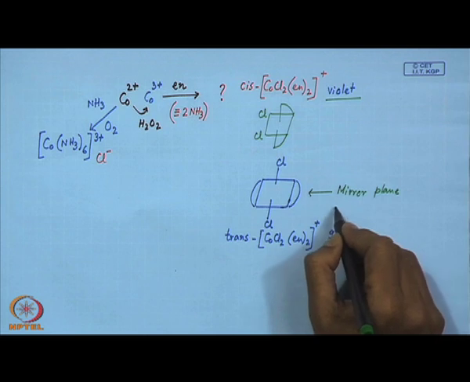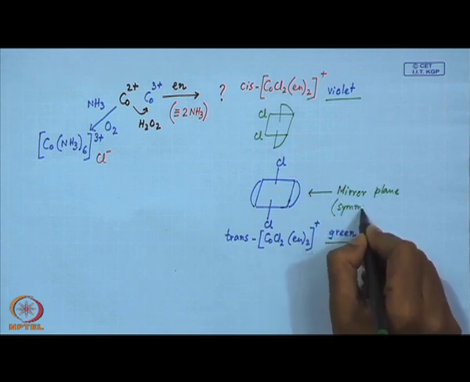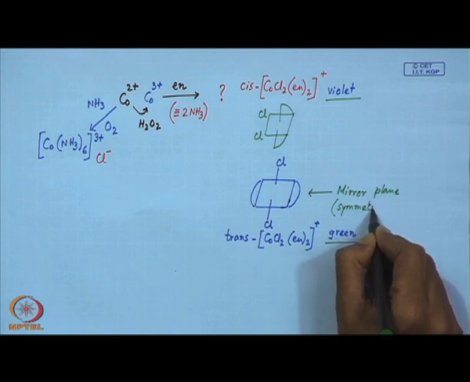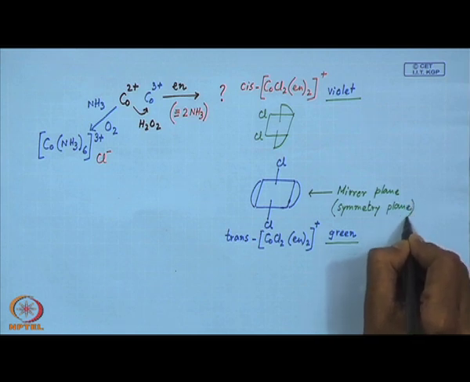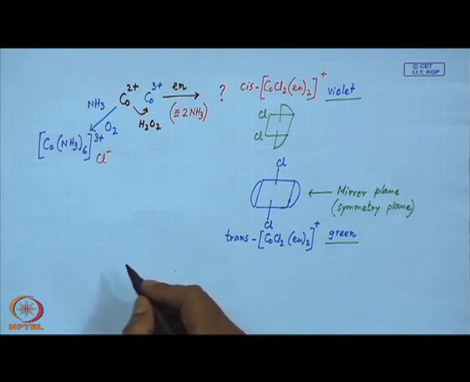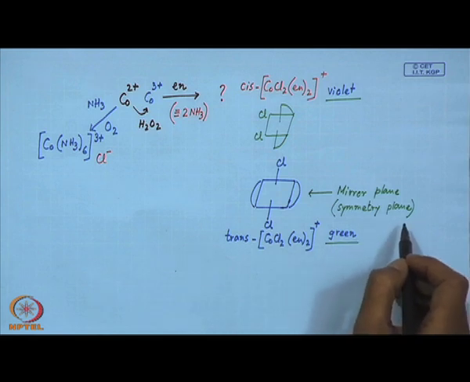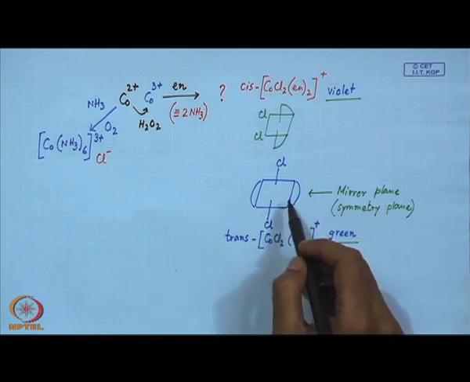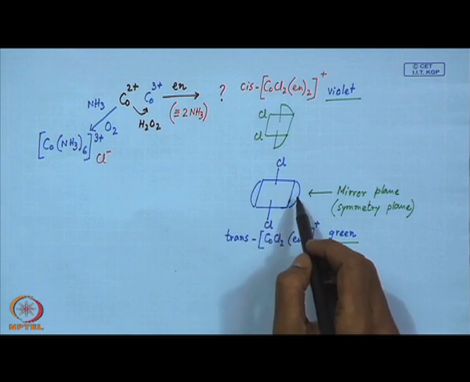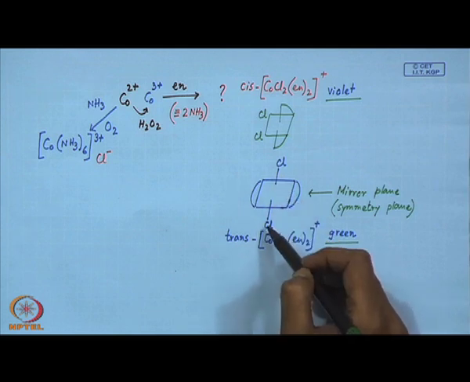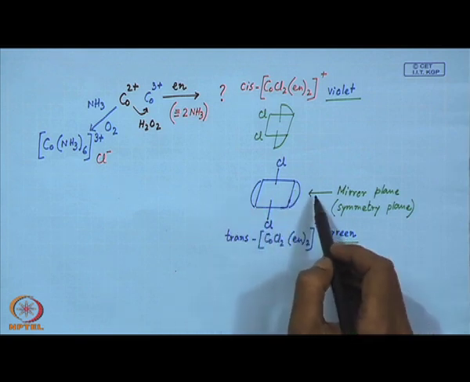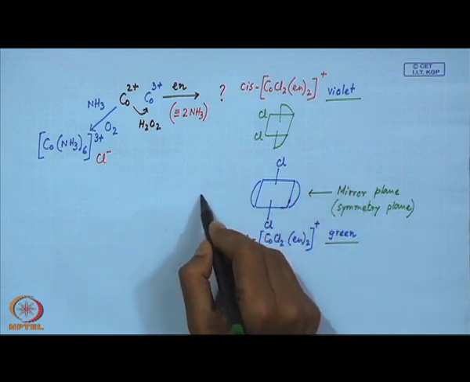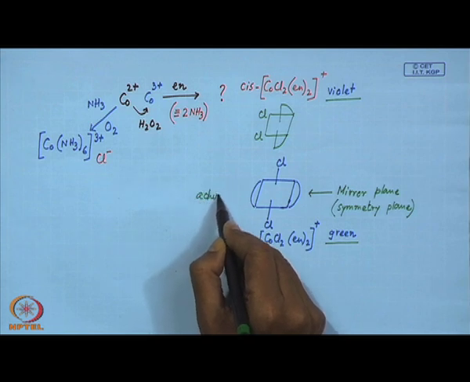We have a symmetry plane, and this symmetry plane gives rise to a molecule where one half of the molecule is the mirror image of the other half, dividing the molecule into two, and that is why the molecule is achiral.